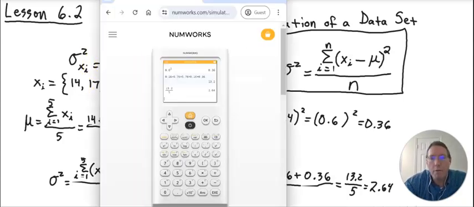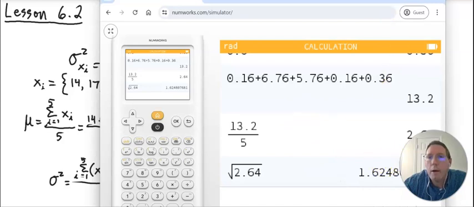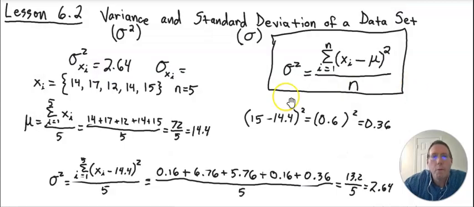All right, so let's go back to the calculator and do the square root of 2.64, and that gives us 1.62. That's really hard to see. Let's see if I can pull up the full screen. There we go. It's easier to see. 1.6248.